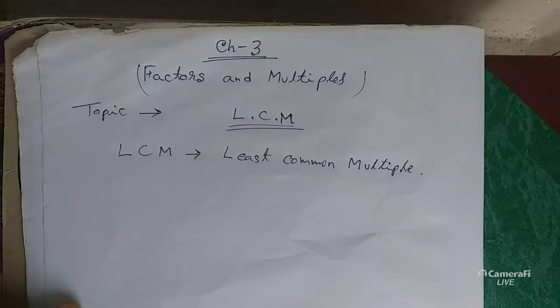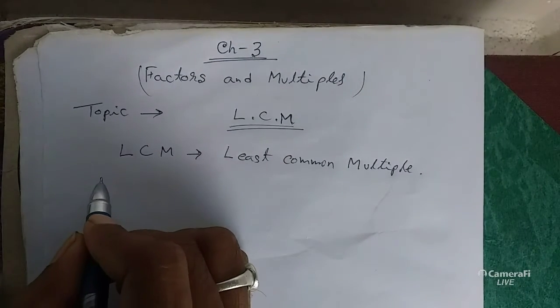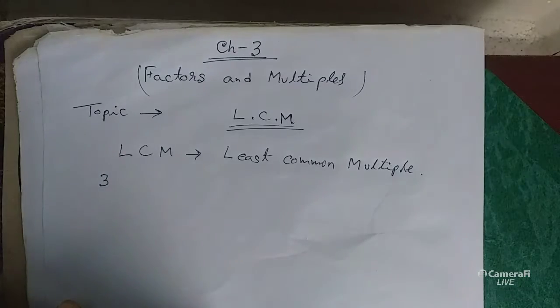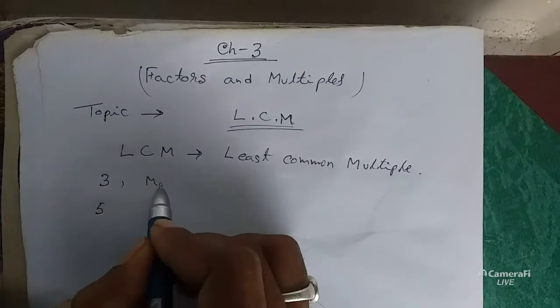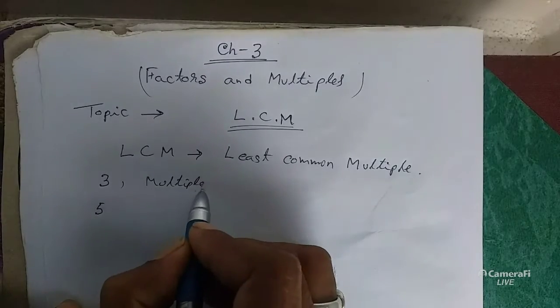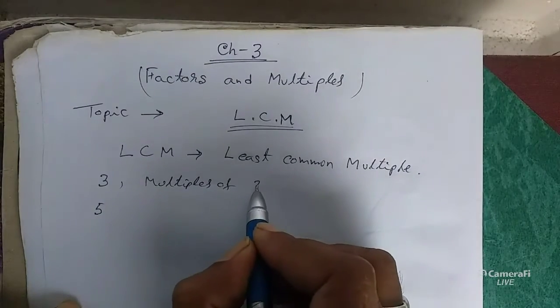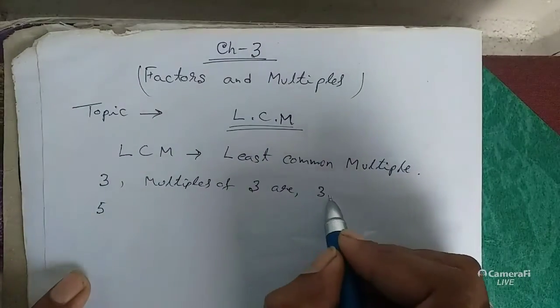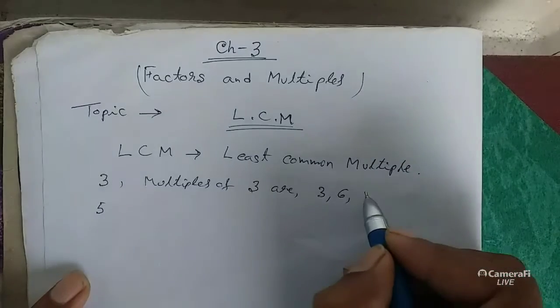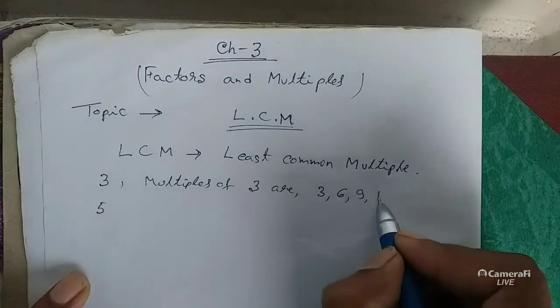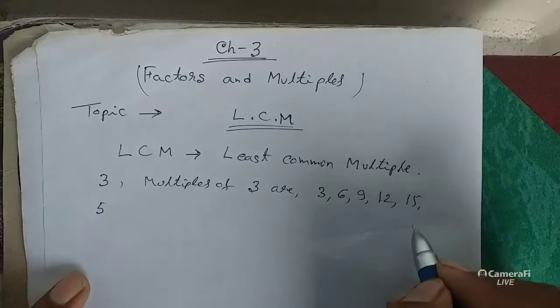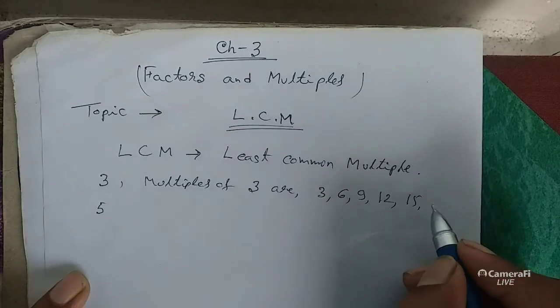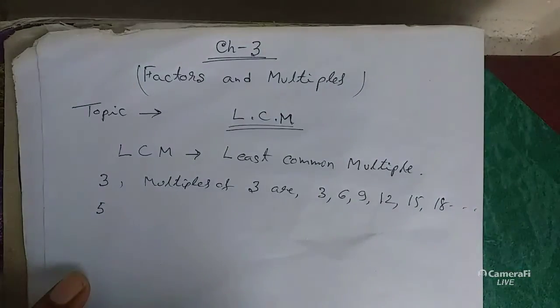Now, what is the meaning of multiple? You know, suppose the numbers I am taking are 3 and 5. Then multiples of 3 are 3, 3 2s are 6, 3 3s are 9, 3 4s are 12, 3 5s are 15, 3 6s are 18, and in this way, so many.